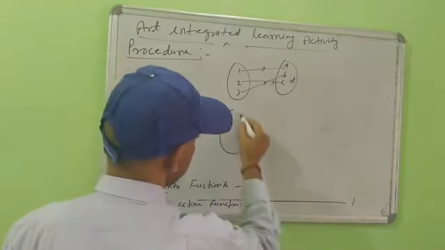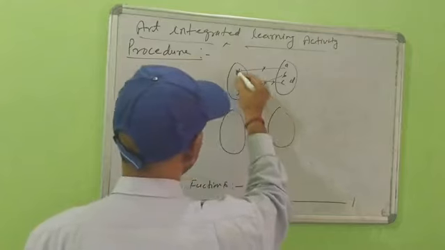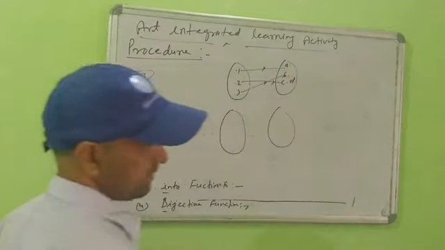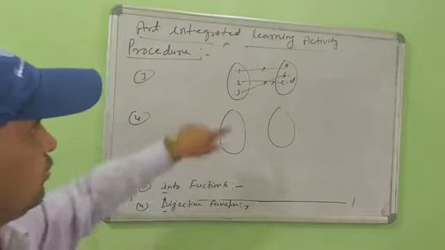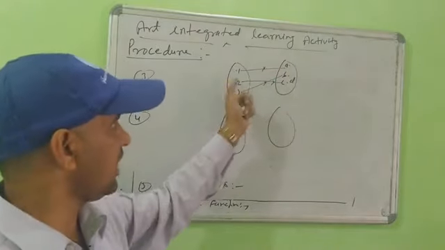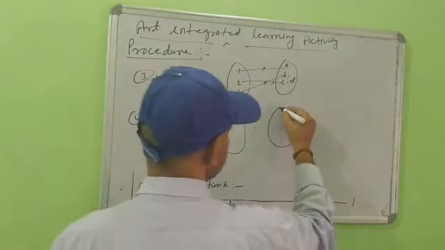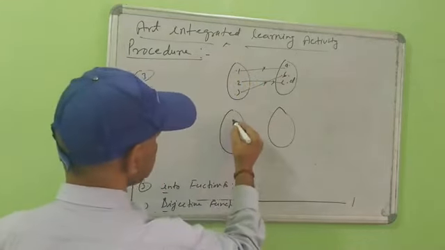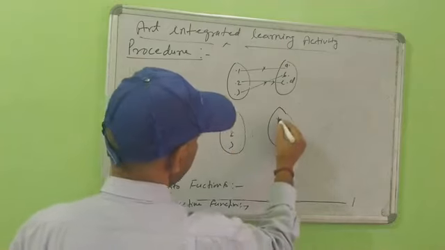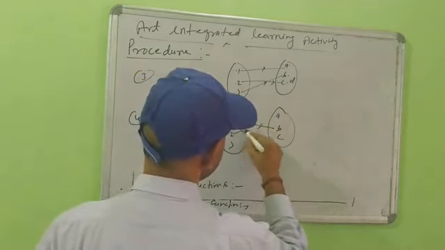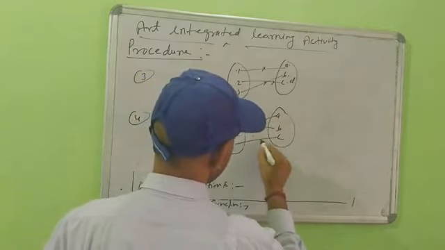In this type of function, you use the thumbprint in this way, and then with the help of thread, yes, you can use stars also here, and connect with the thread. This does not matter. Suppose bijective function of 1, 2, 3, and A, B, C. This has a relation this way, this one this way, this one this way.